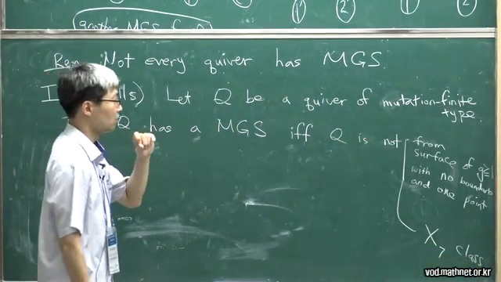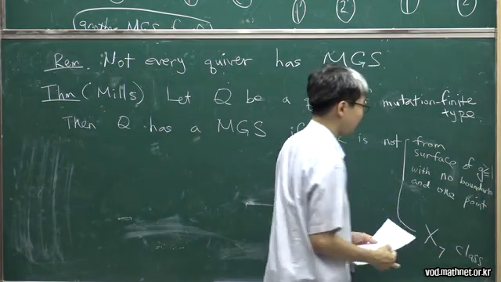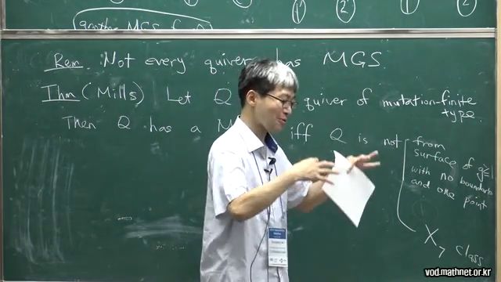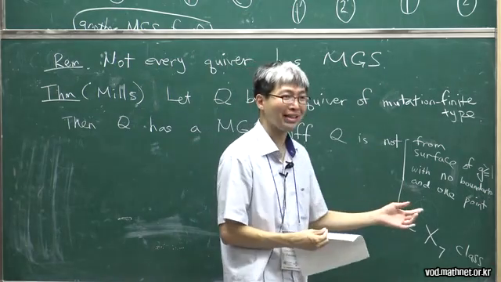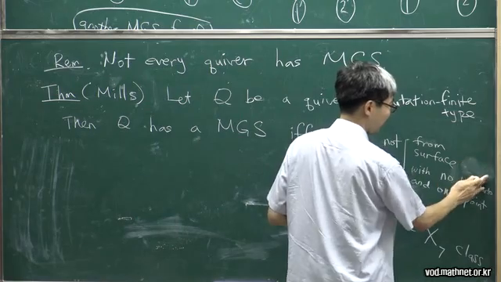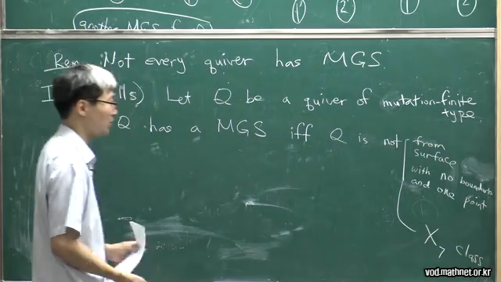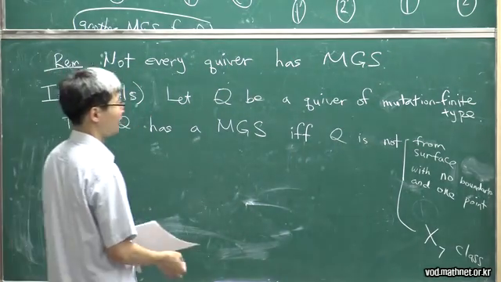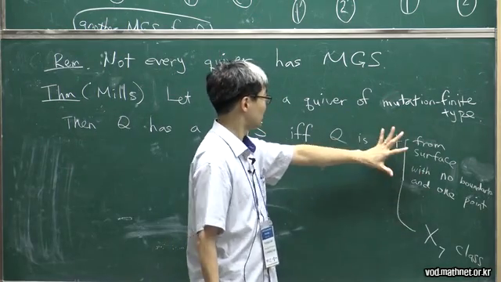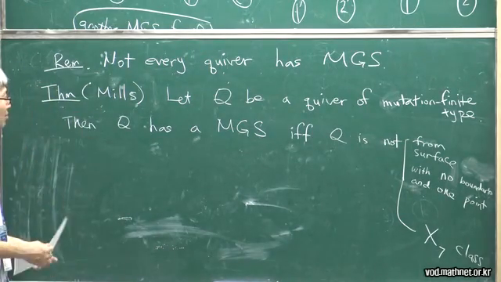Genus bigger than or equal to what? 1. I mean, genus 0 surface is a sphere, and to take a triangulation of a sphere, we need at least 3 points. So actually, I don't need this condition. As soon as I say 1 point, it should be genus greater than or equal to 1. So there are only very few exceptional cases, and all the other quivers of mutation finite type have a maximal green sequence.